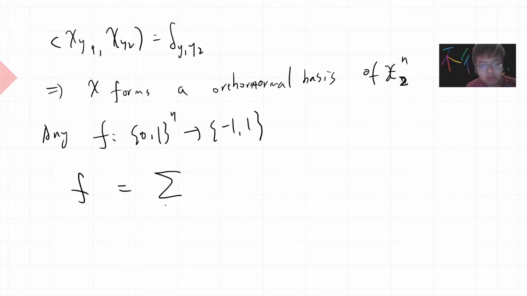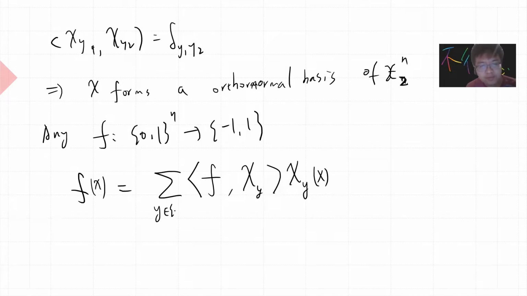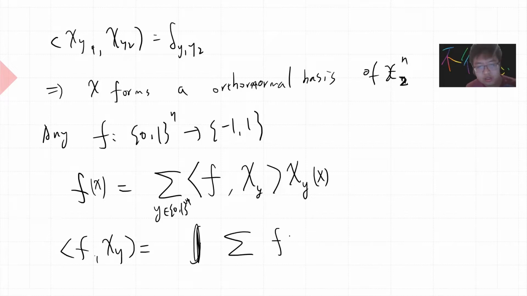So f of x is the sum over y of the inner product of f and chi y, times chi y of x. This inner product is the summation, not integral, of f of x times chi y of x, summed over x.